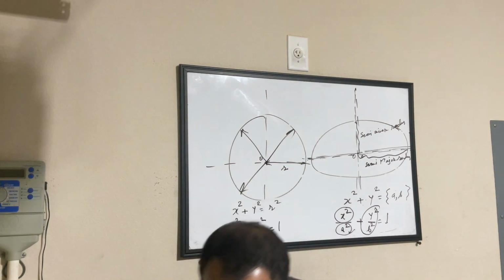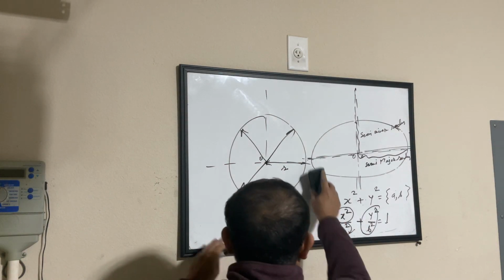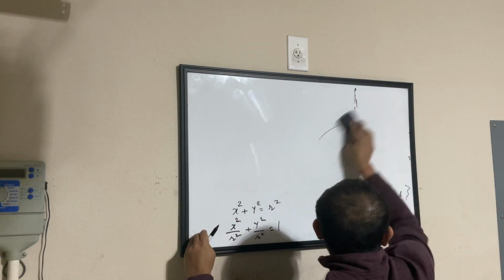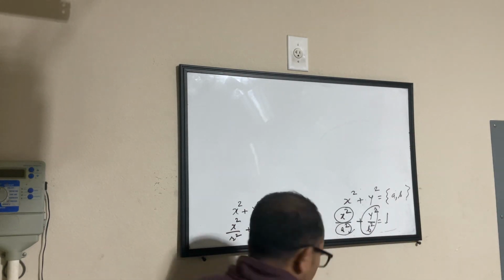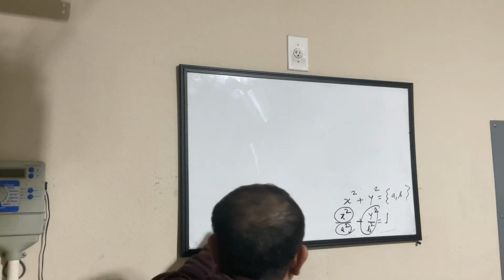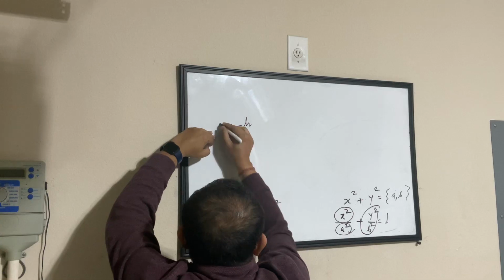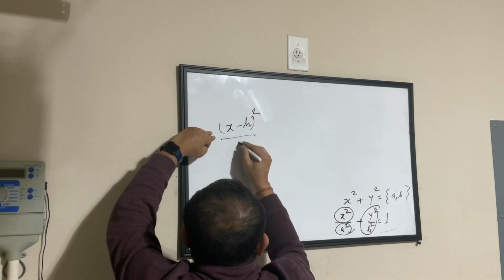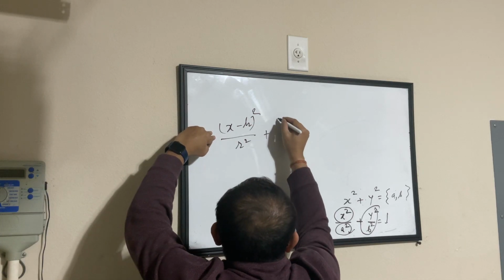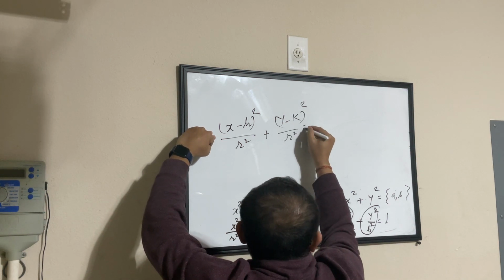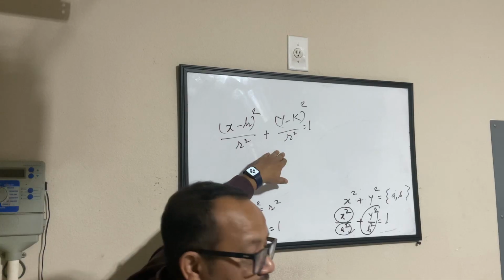Yeah. So now, if you relate this, the left side is your circle, the right side is your ellipse. Now if you extend that and go back to the standard form of the circle, your equation will be (x minus h) square by r square plus (y minus k) square by r square equal to 1. This is your standard form of the circle equation.